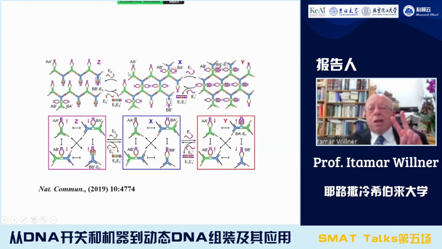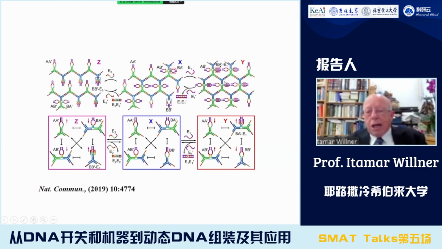So we can have here hydrogel at 3 degrees of stiffness. X is anticipated to show the medium stiffness, Y higher stiffness, and Z lower stiffness. And the stiffness is controlled by these triggers, E1 or E2.